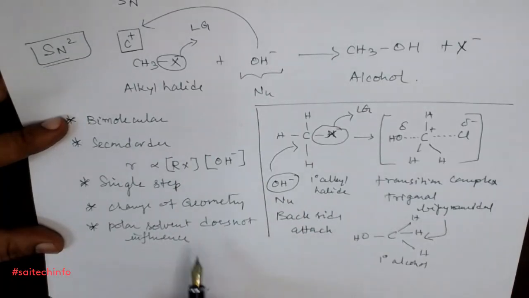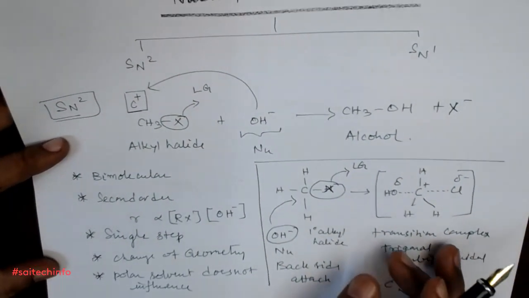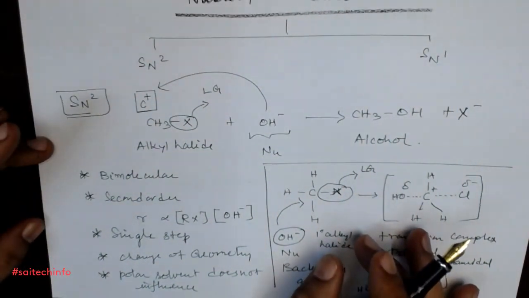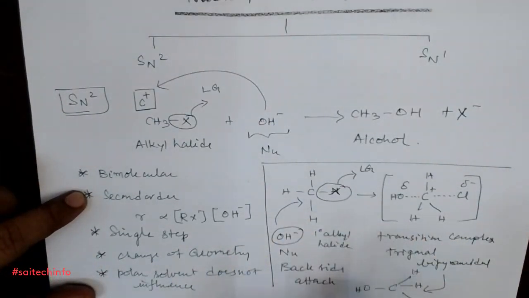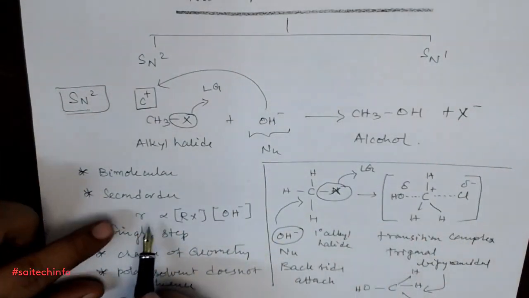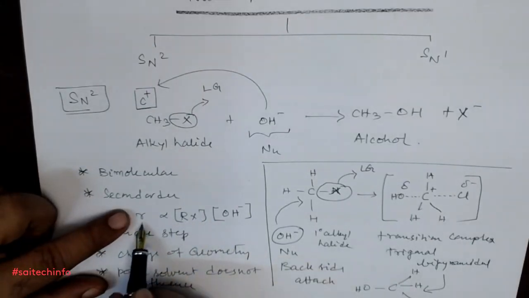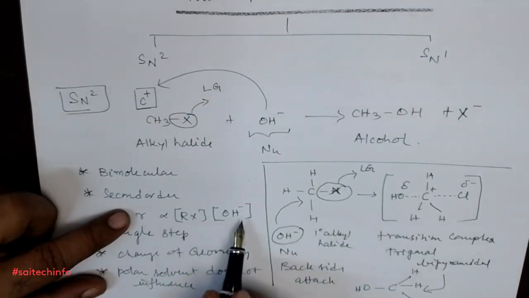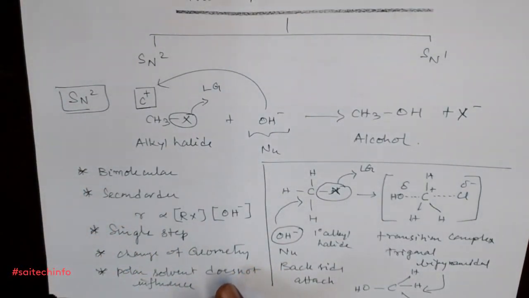And you may be asked such type of question, what are the differences between Sn1 and Sn2? Sn1 and Sn2 both are substitution reactions, but Sn2 is second order, Sn1 is first order. Why? Because the rate of the reaction depends on two species, one is RX and the OH minus, whereas in the second case it depends on only RX, the substrate only.